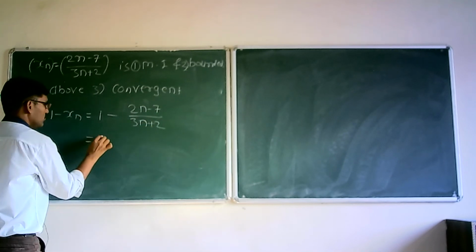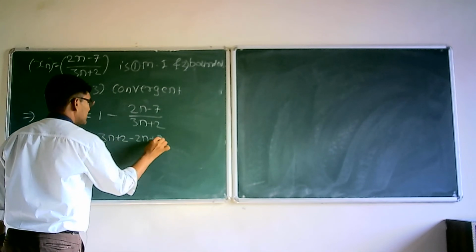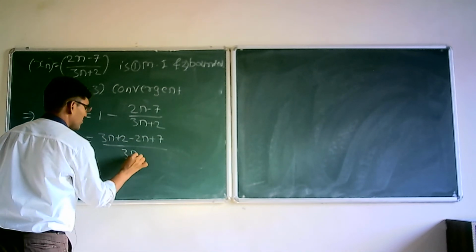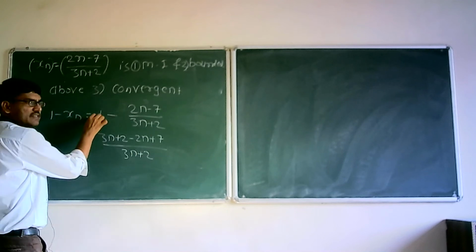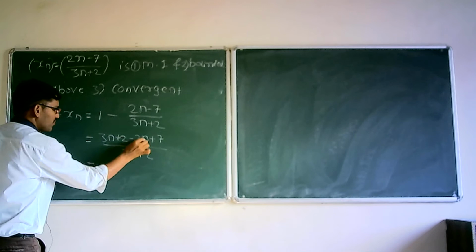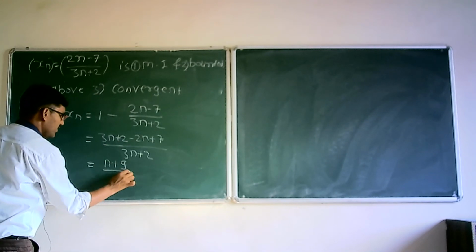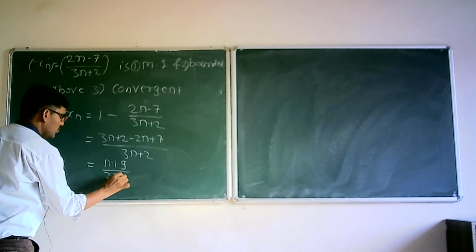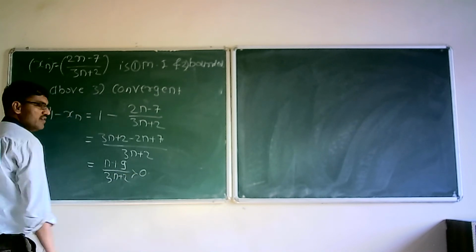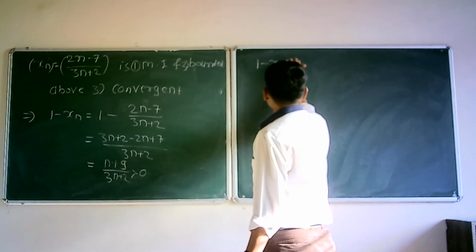So it is equal to thrice n plus 2 minus twice n plus 7 divided by thrice n plus 2. If you take LCM here and apply the minus sign to this bracket, then we get thrice n minus twice n, which is n, and 2 plus 7, which is 9, divided by thrice n plus 2, and it is greater than 0. This term is positive, so 1 minus xn is greater than 0.